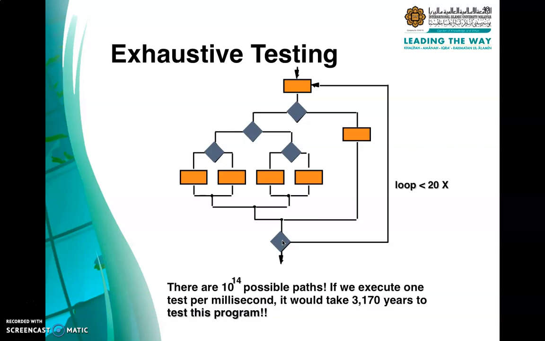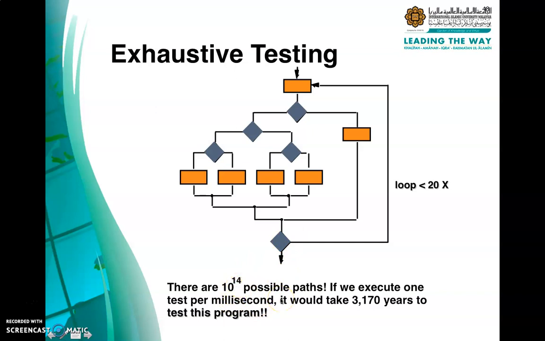It's impossible to design the test cases for exhaustive testing, because if you look at this control structure, this flow chart, and let's say you have nested loops, and in each nested loop there are some further if-else conditions. For example, if one loop runs 20 times, then according to this design there are around 10 to the power of 14 possible paths.